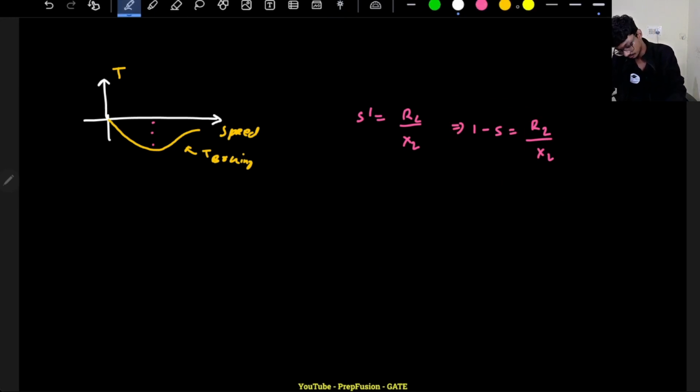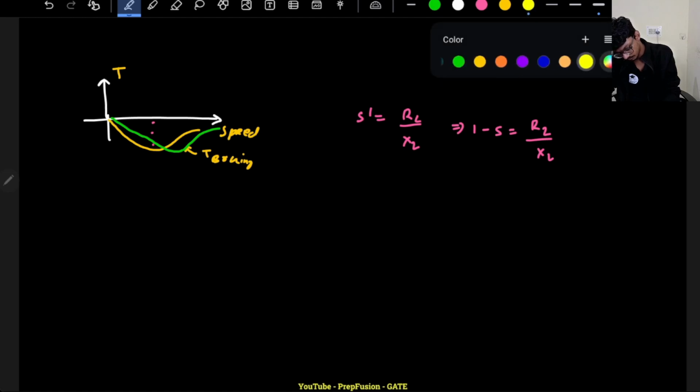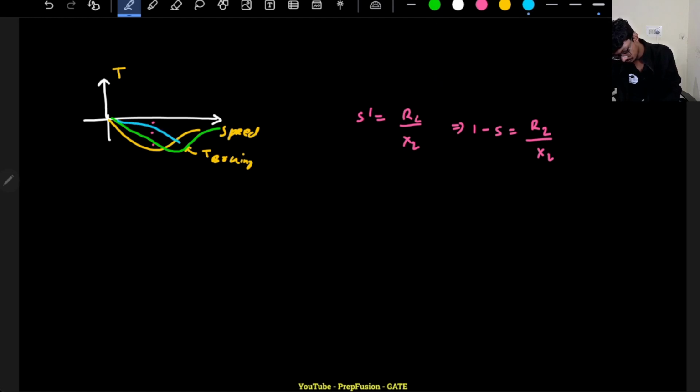So basically, if I have three graphs, I can connect external resistance R external 3, I can connect external resistance R external 2, and I can connect an external resistance R external 1.